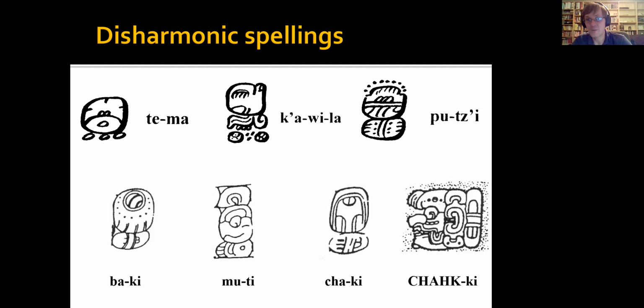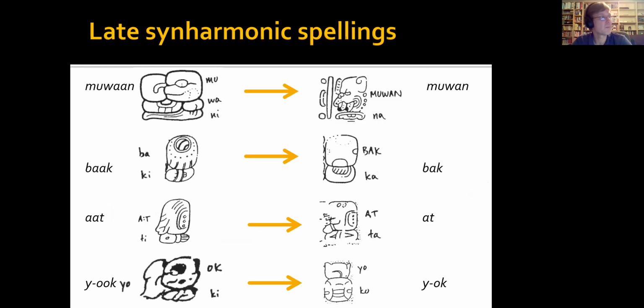But it seems that some form of indication of a special nature of the previous vowel, the preceding vowel, is what was actually happening here. We know that because some of the later spellings in the 8th and early 9th centuries AD seem to abandon the convention. We know the reason for that.